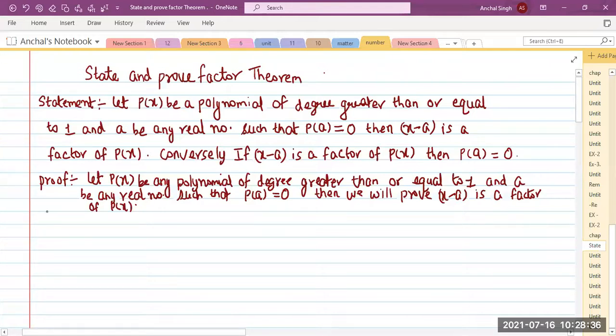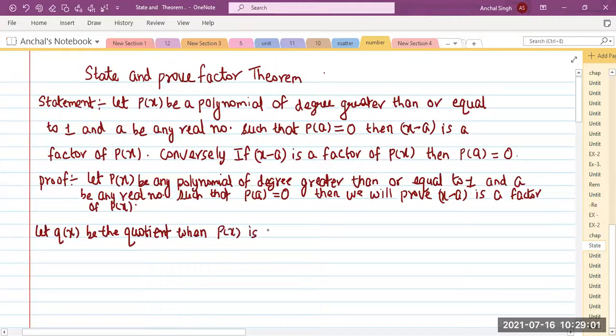So we will write over here, let qx be the quotient when px is divided by x minus a.